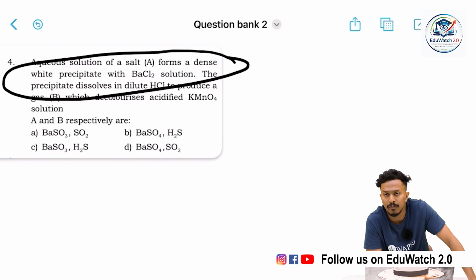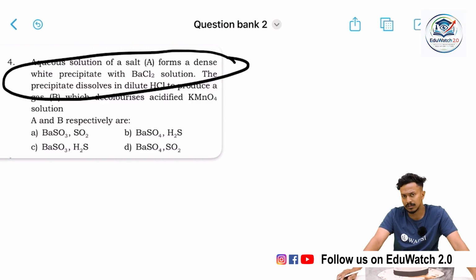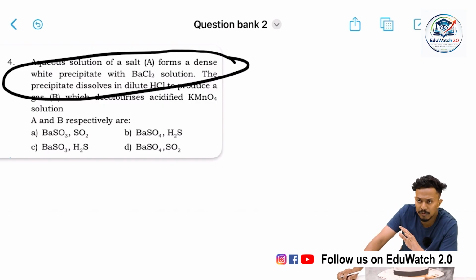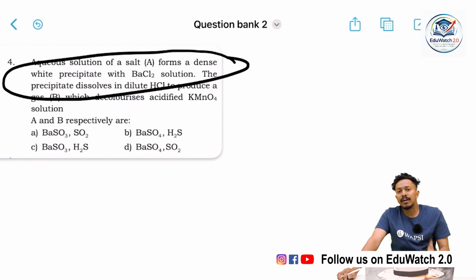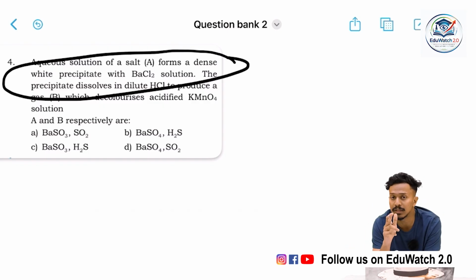KMnO4 is an oxidizing agent used in most oxidation reactions. Decolorization means it turns from purple to colorless. So the gas is a reducing gas, and the only reducing gas here is sulfur dioxide.